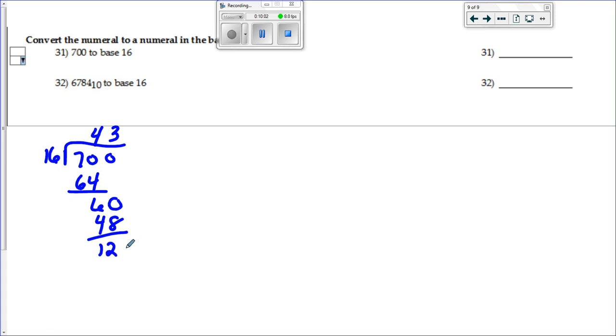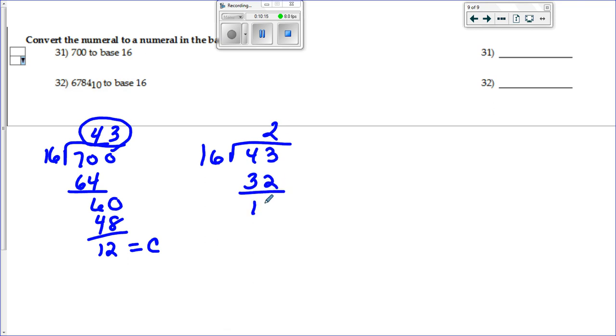Well, a 12, this is the remainder, is really a C. Then this is what I'm going to divide into. 16 into 43 goes twice, and the remainder is 11, but I can't write an 11. I have to write the letter, which is B, and then here's what I'm dividing into, and 2 is too small, so it goes in 0 times, and my remainder is 2.